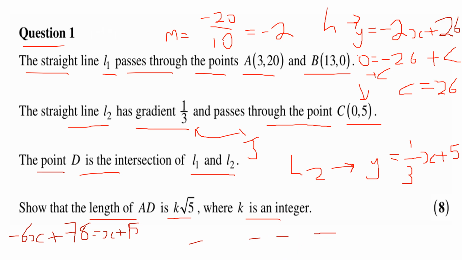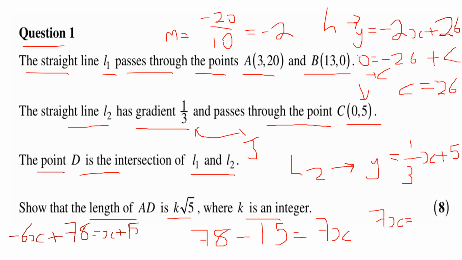Now, next step, I'm going to add 6x to both sides, and then subtract 15 at the same time. So we're going to have 78 minus 15 is equal to x plus 6x, so that'll be 7x. 78 minus 15, you get 63. So you have 7x is equal to 63.